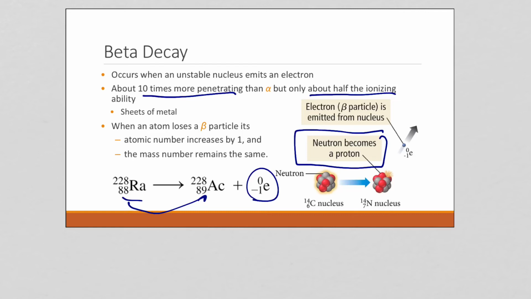So we've taken a particle with the same essential mass, but changed it into a positively charged particle, or a proton. So the functional result of a beta decay is turning a neutron into a proton. And we'll see later this can be beneficial to stabilizing an unstable nucleus by changing the ratio between protons and neutrons in the nucleus. So mass number doesn't change, atomic number goes up by 1. We add a proton. So we know radium is going to become actinium here.